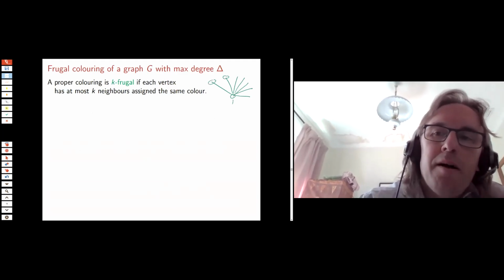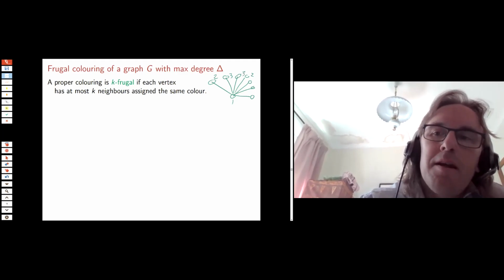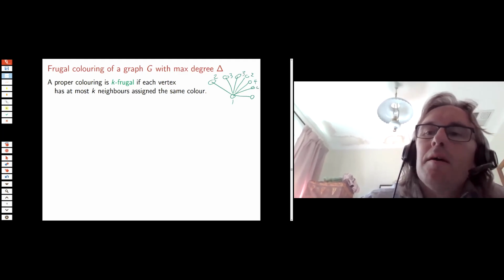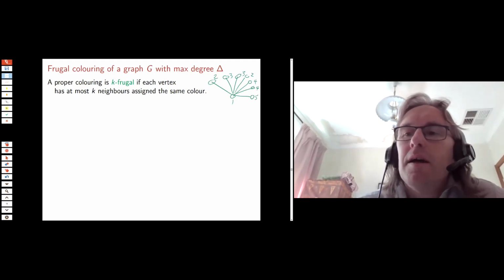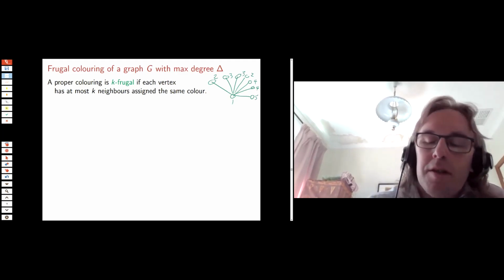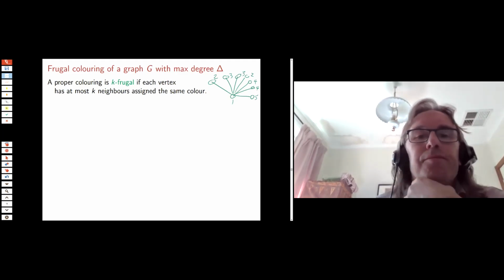Now it's proper, so none of the neighbors get colored 1, but there's a limit on how many neighbors get the same color. So this would be a 2-frugal coloring because the number of neighbors of this vertex that get the same color is only 2.